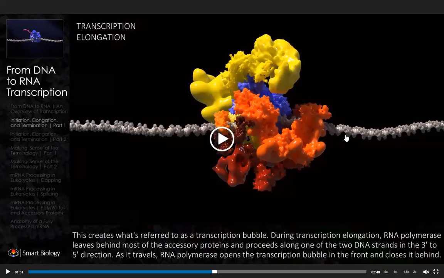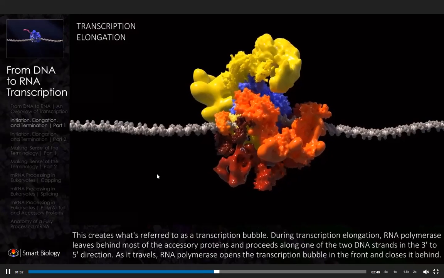And it makes perfect logical sense that the mRNA is transcribed in a 5 to 3 prime direction, because that's how the phosphodiester bond is formed. As the RNA polymerase travels, it opens the transcription bubble in the front of it and closes it behind. So that partial denaturation of the DNA will happen as this enzyme, the RNA polymerase, moves forward.